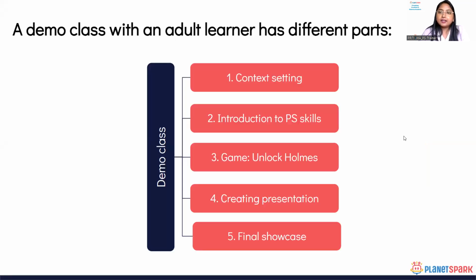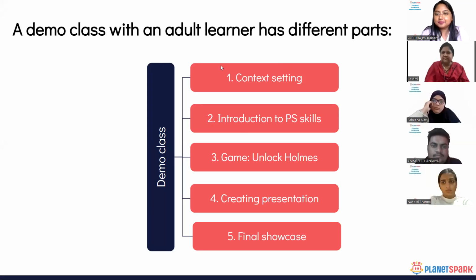Just like a senior demo, in the adult demo also we have 5 different sections. Can you see all the 5 different sections on your screen? Yes? Okay, great. Now in these 5 different sections, what things do you find similar?